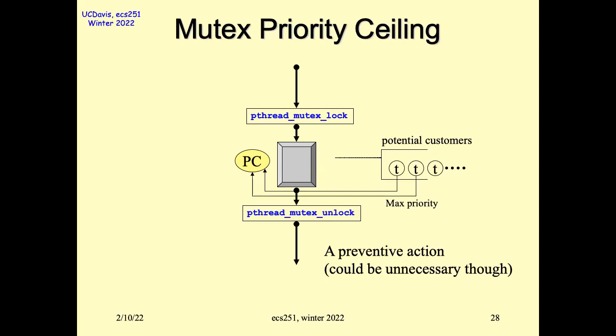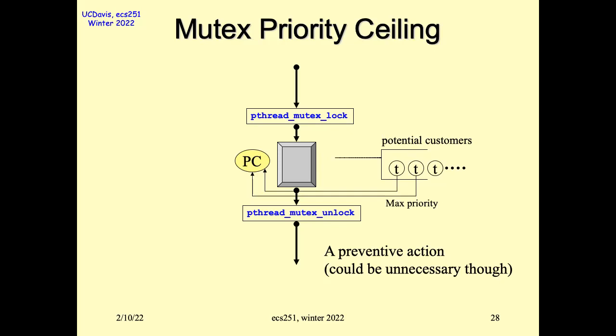The general rule is that before I actually enter the mutex I'm interested in, assuming this mutex is actually unlocked and available, nobody's there, then I'm going to check every single mutex that is currently being locked.